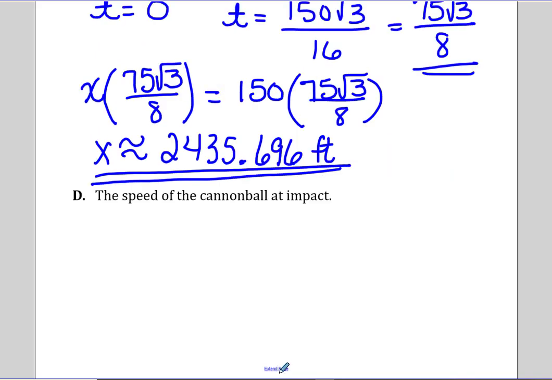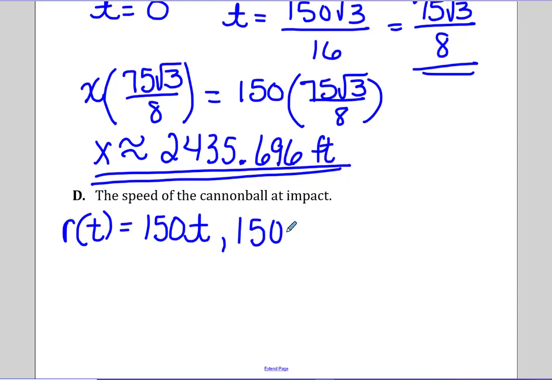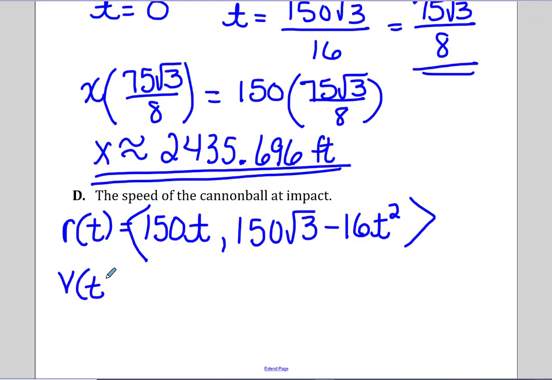And then our very last piece says we need the speed of the cannonball at impact. So we know this is impact here, 75 radical 3 over 8. So we got r of t, which was 150t, and then 150 radical 3t minus 16t squared. This is our position vector. We needed the velocity, the speed at the impact.